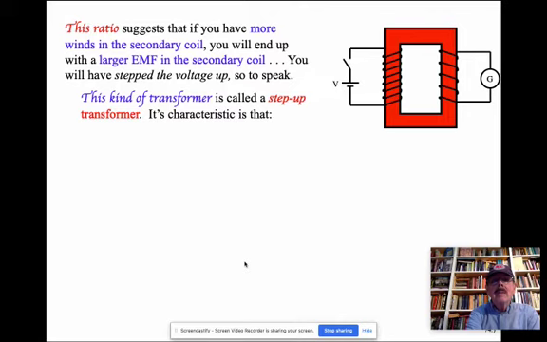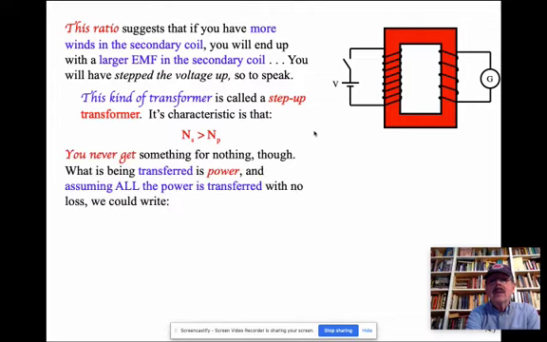That particular kind of transformer is called a step-up transformer. And again, we're looking at a DC setting. When we talk about an AC setting shortly, you'll see why this is advantageous. If the number of turns in the secondary is less, you end up with what's called a step-down transformer.